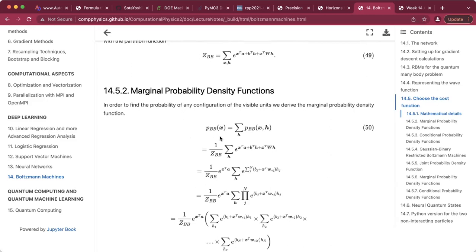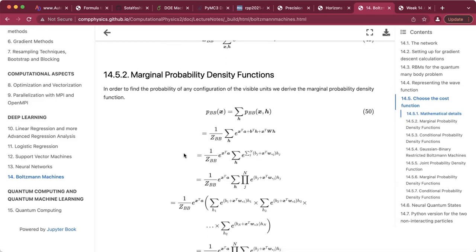And this is the quantity which we want. In our case, these h's are not given by an integral, but by a summation, because they take binary values. And in our case, we can actually calculate this. And what you will find here is actually the derivation which leads to the expression which we are going to code.